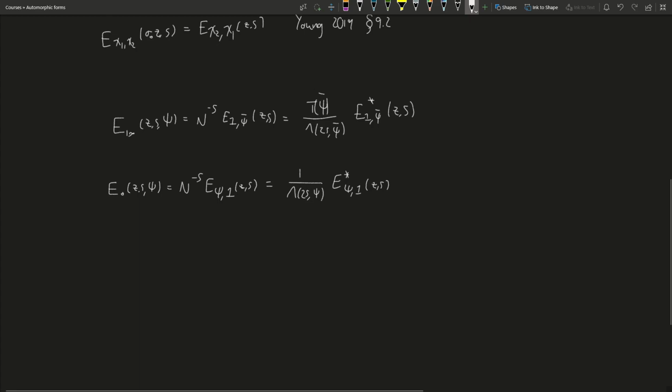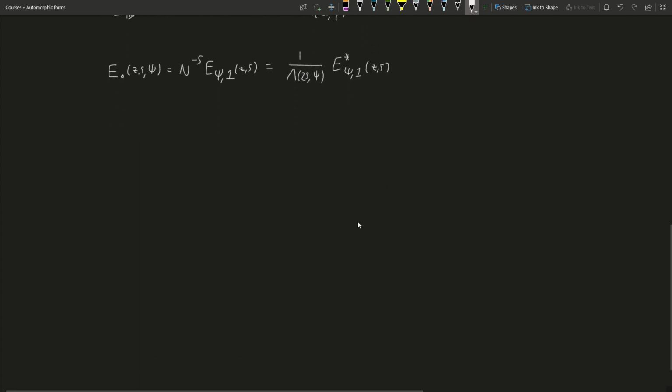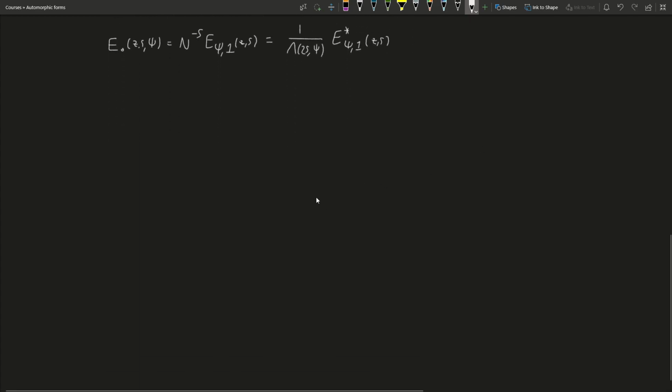So let's see. I'm going to focus more on the discrete spectrum here, though I can say a few words about the continuous spectrum. For the continuous spectrum, you can pick this regularizing function, which I talked about in the last video.